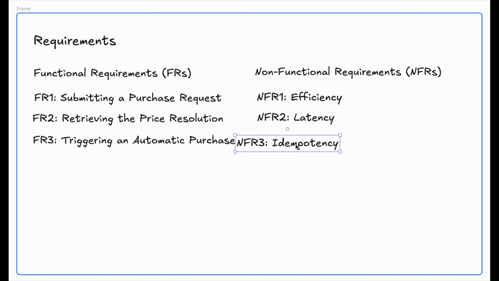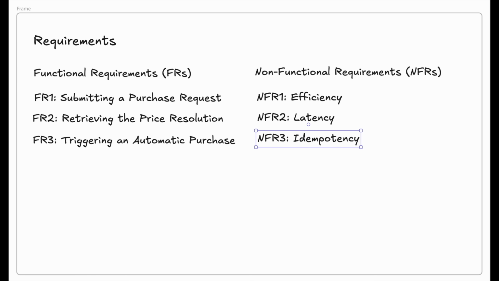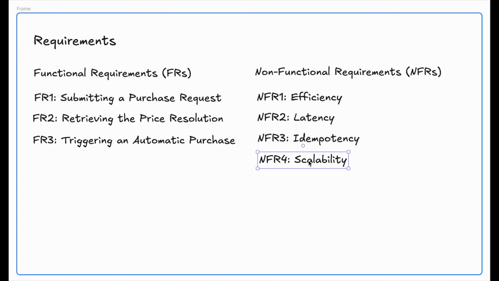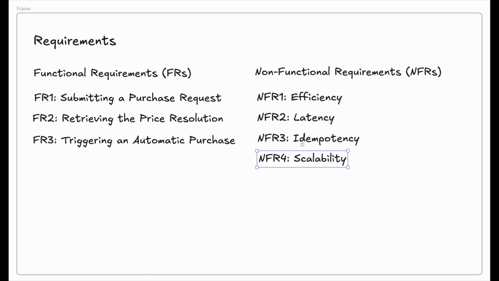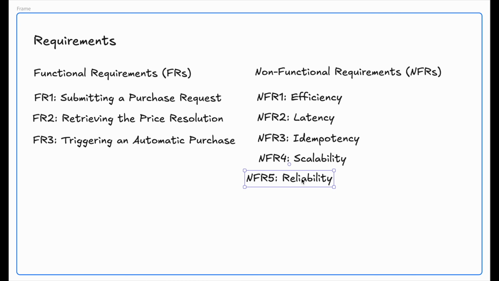3. Idempotency. We must avoid double charges or repeated purchases if the same request is retried. 4. Scalability. The system should handle up to 200 QPS, and that can translate to up to 20,000 seller API calls per second during fan-out at peak load. 5. Reliability.